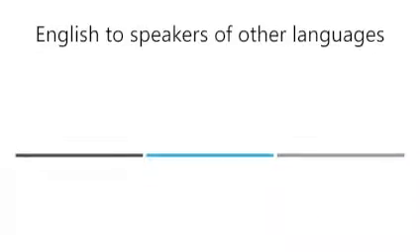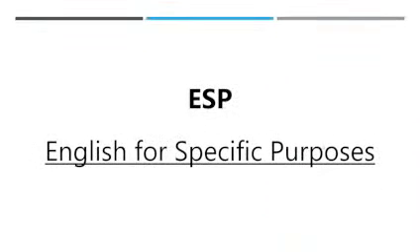So the next acronym that I want to show you today is ESP. Probably you know about ESP. If you are English language students, you've had this at the university, which is English for specific purposes. So ESP is all about teaching English as a second or foreign language for specific purposes or specific contexts.